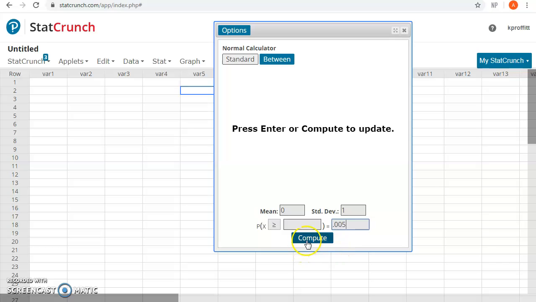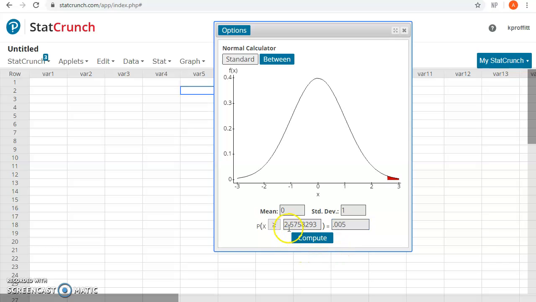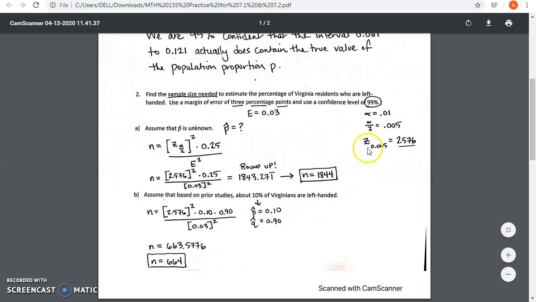That was our alpha over 2. So that gives us our critical value of 2.576. In case you're wanting to figure out where that came from, that's where this 2.576 came from.